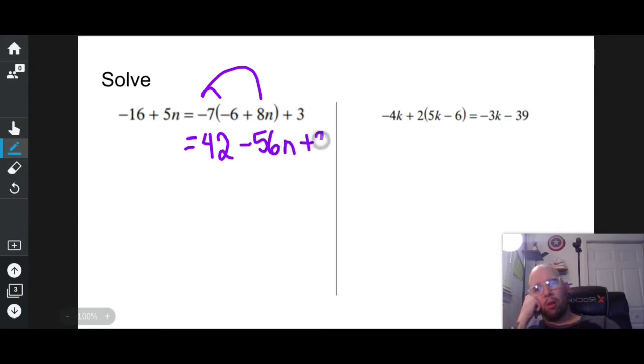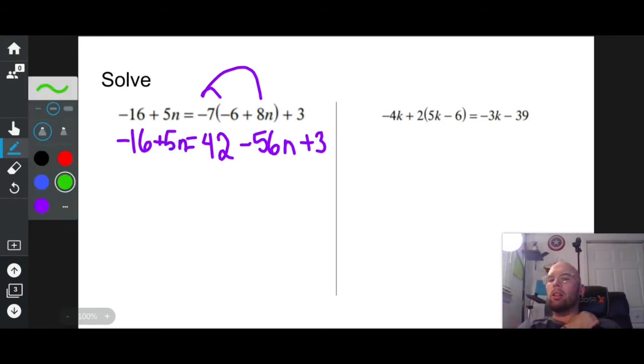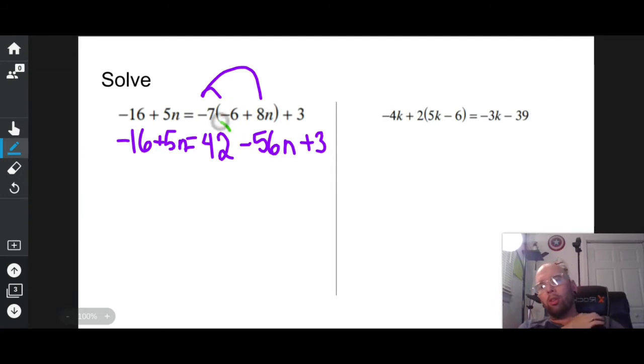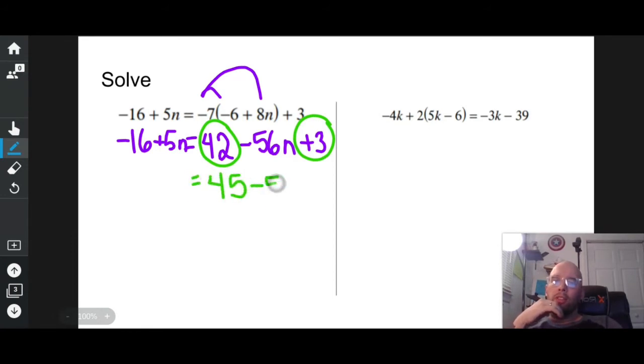Plus 3 comes along for the ride on the right side. Negative 16 plus 5n comes along for the ride on the left side. Can't combine anything on the left side, but I can combine 42 and 3. It's going to make 45. And then I have minus 56n. And on the left side, I have negative 16 plus 5n.